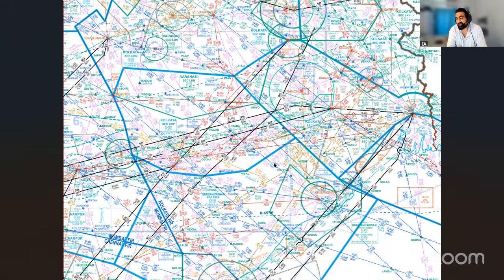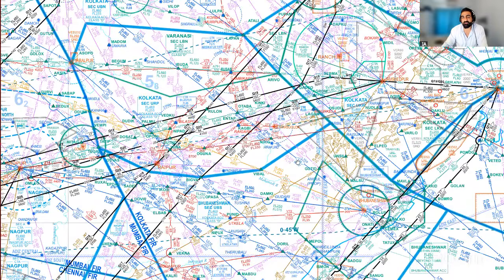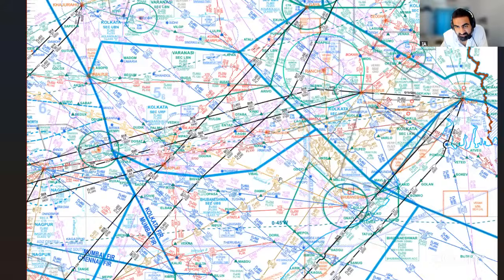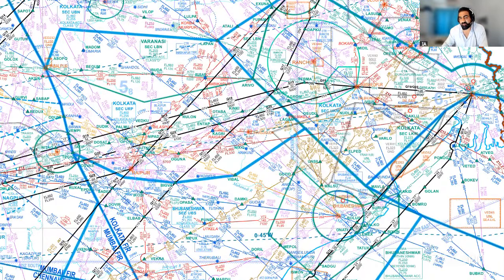All I need is a chart and my position. So let's say if I'm here, this position, I can see I am somewhere close to a waypoint called Gutted.